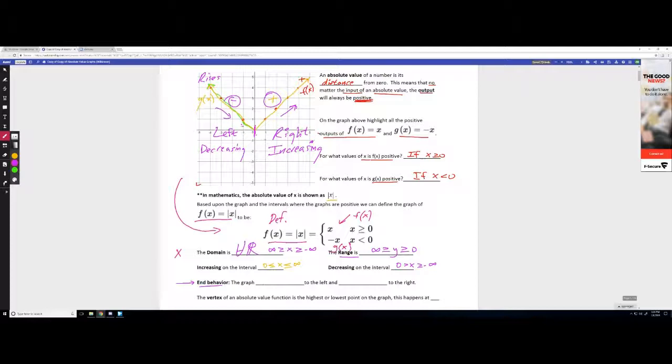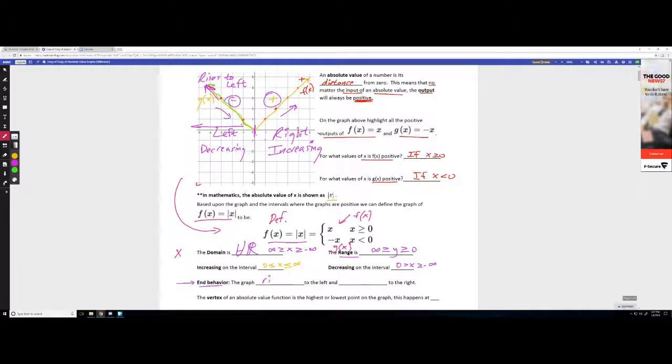So as you approach this way, the graph goes upwards. All right, that's what we say. So it rises to the left. Now we're not talking about decreasing in the sense of slope. We're talking about which direction does that line, or more specifically that ray, go towards. So it actually rises to the left.